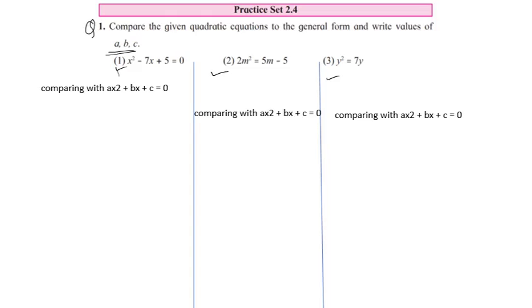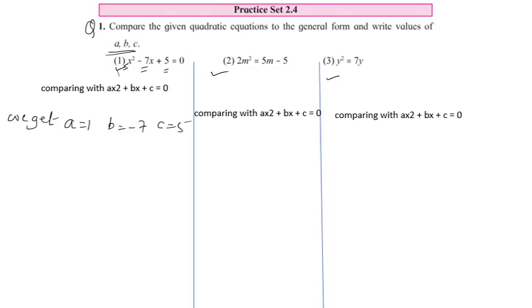This is the standard form: ax square plus bx plus c equal to 0. After comparing the given quadratic equation with the standard form, we get a equal to 1, b equal to minus 7, and c equal to 5.